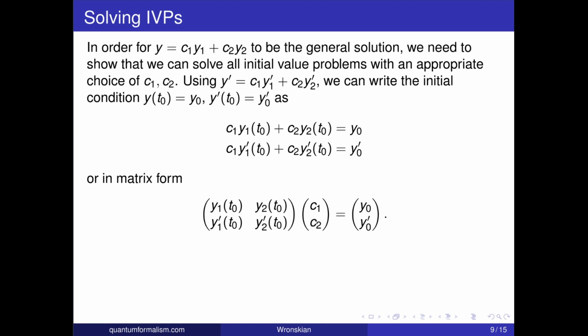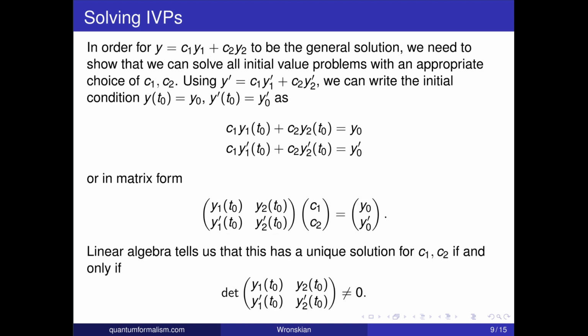And so linear algebra tells us that we can do that if and only if the determinant of this matrix is non-zero. So we want the determinant of this thing to be non-zero. Linear algebra tells us there is a unique solution for c1 and c2 if and only if the determinant of this matrix is non-zero.